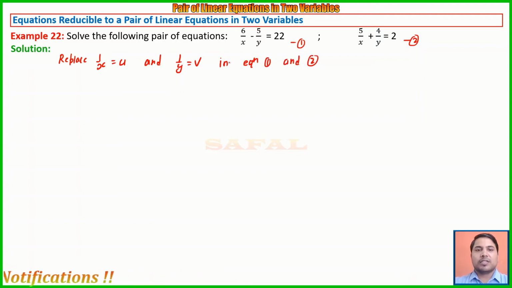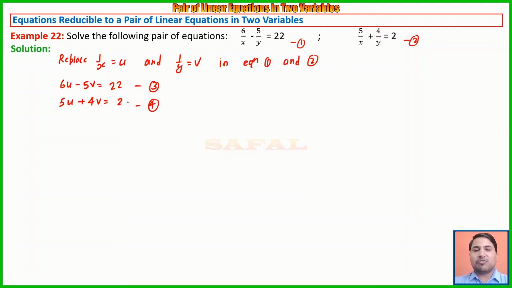Now the first equation will become 6u - 5v = 22, and the second equation will become 5u + 4v = 2. I'll call these equations 3 and 4. Now equations 3 and 4 are linear equations in two variables, and the variables are u and v.